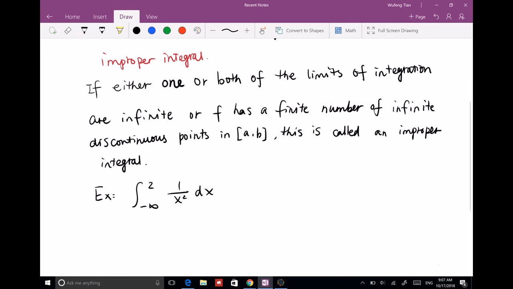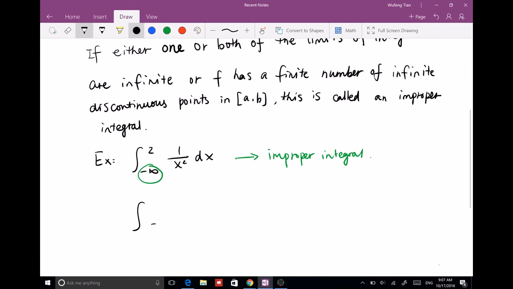You can see there is a negative infinity, so this is an improper integral. That makes sense, right? Or, for example, from 3 to positive infinity of e to the negative x dx. You have an infinity on the top.